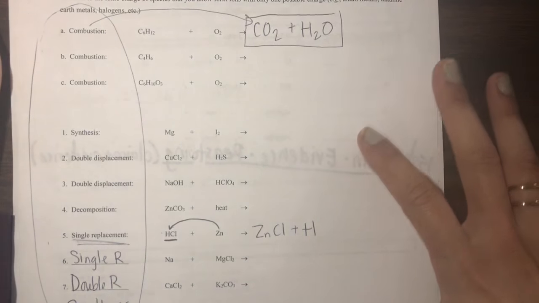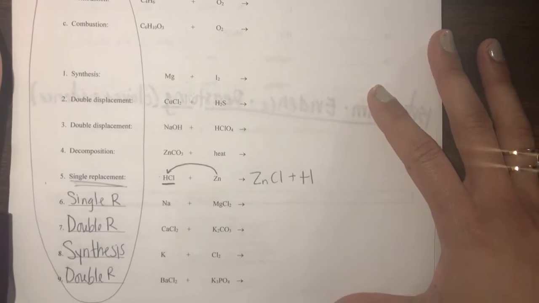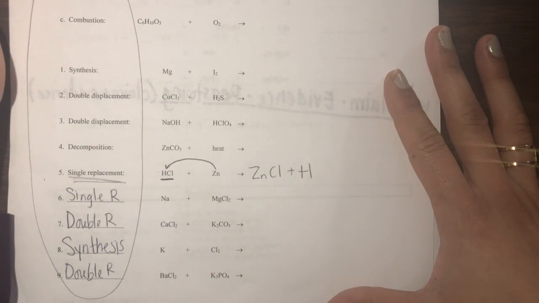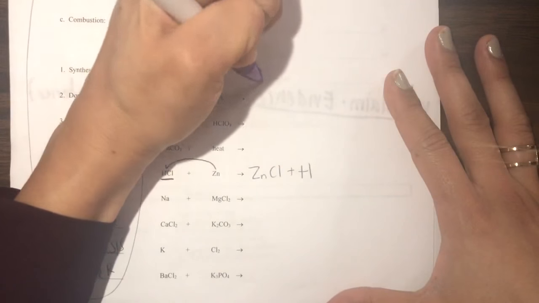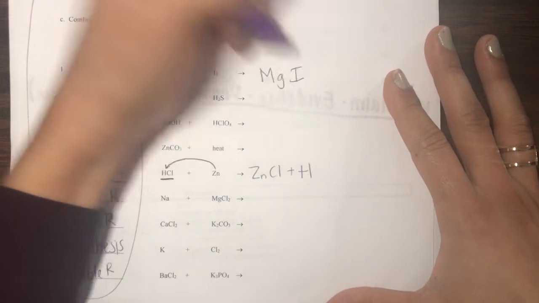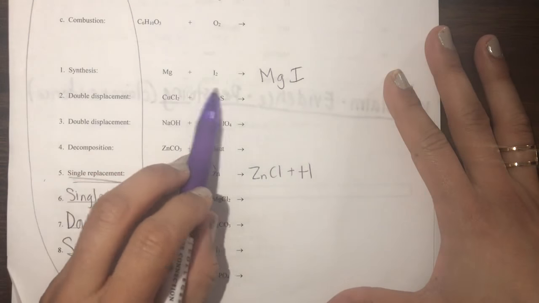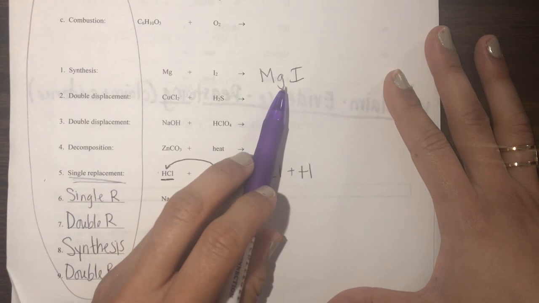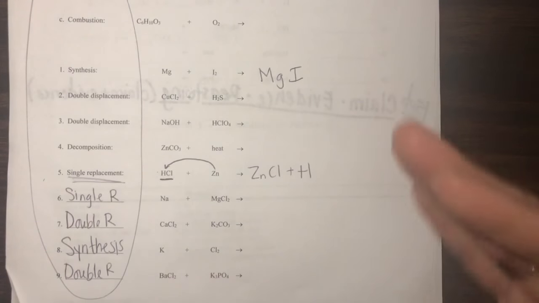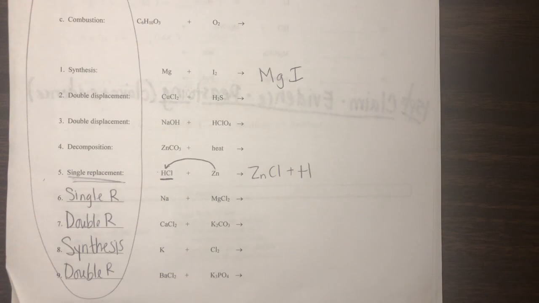So I'm going to go then to number 1. Synthesis means you're bringing them together. They were separated, and then I brought them together. So I'm going to go through and look at all my synthesis. I just like to break it down that way. I'm going to go to all my synthesis and just build them together.